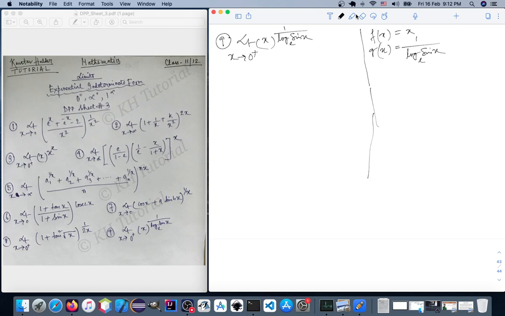x tending to 0 positive implies f(x) tending to 0.